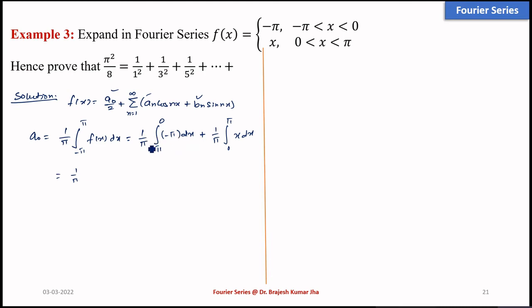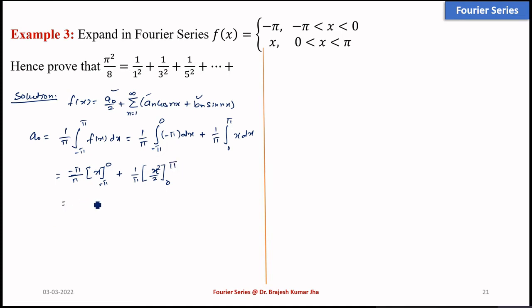Minus pi and plus pi you can take outside. Minus pi upon pi, integration of 1 is x, limit is minus pi to 0, plus 1 upon pi, it will be x square by 2, 0 to pi.